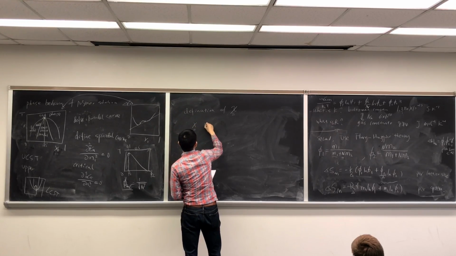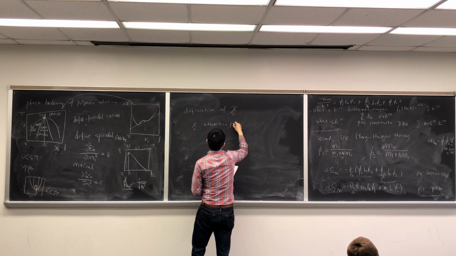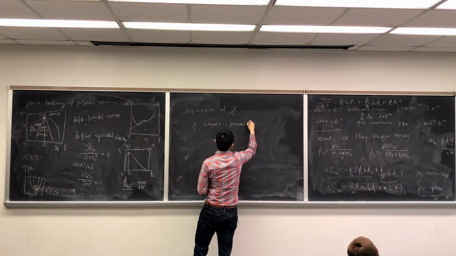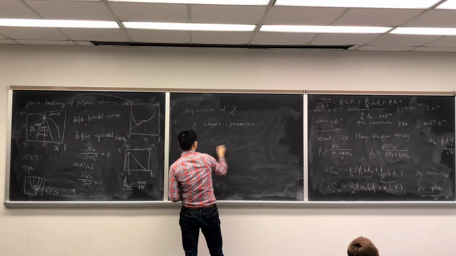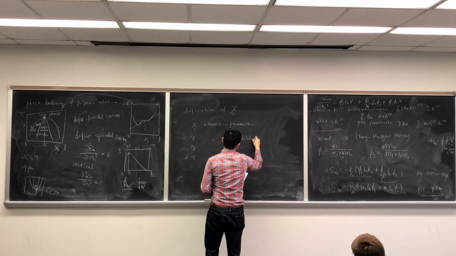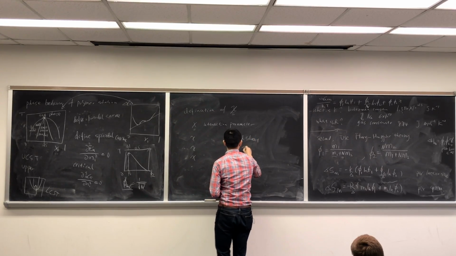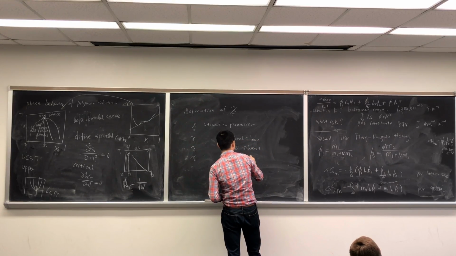Chi is the interaction parameter. So we pretty much learned 3 scenarios: good solvent, theta solvent, and bad solvent, right?